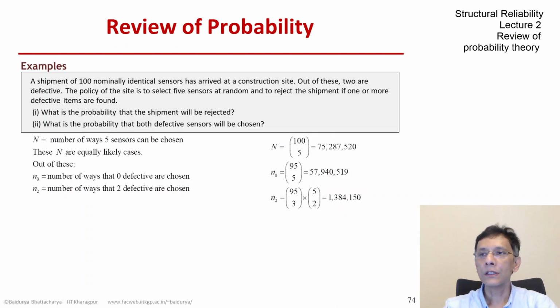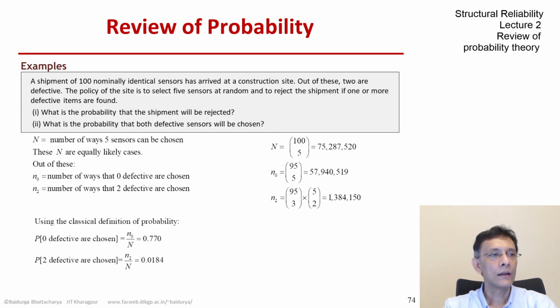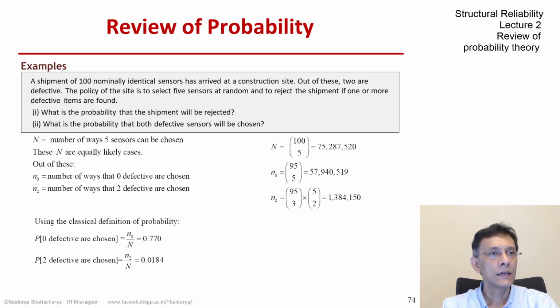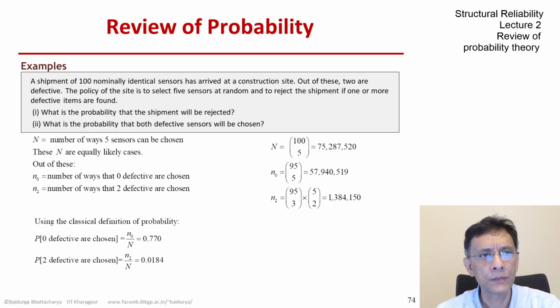Using now the definition of probability in equally likely cases, the probability that 0 defective sensors are chosen is about 77%, and 2 defective items are chosen is about 1.8%.